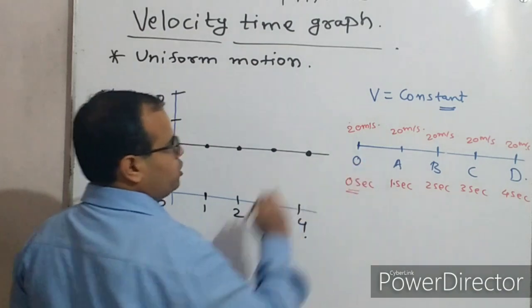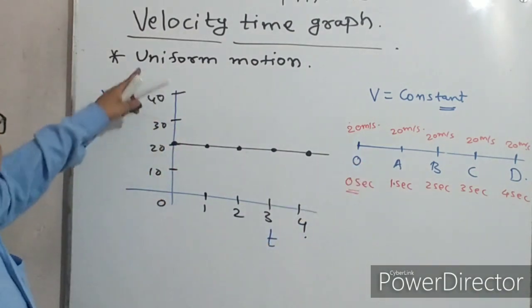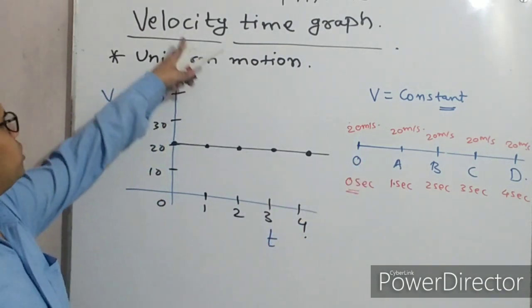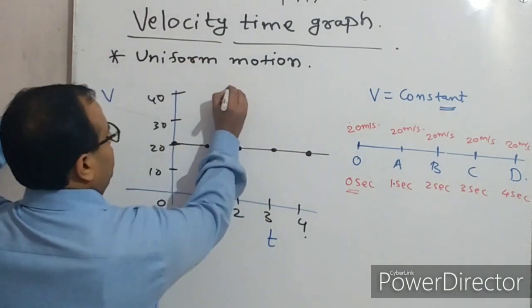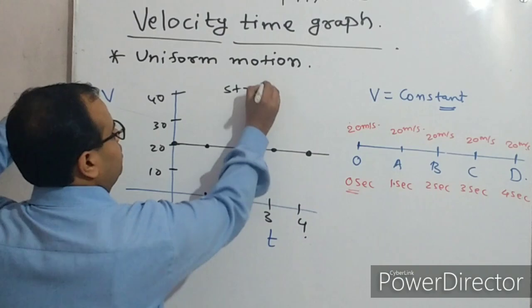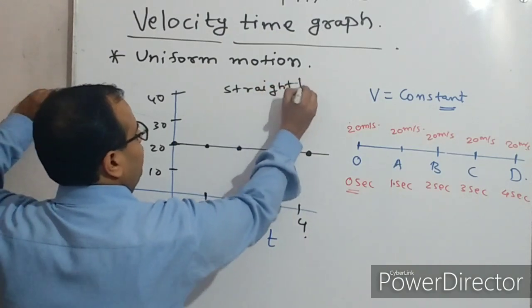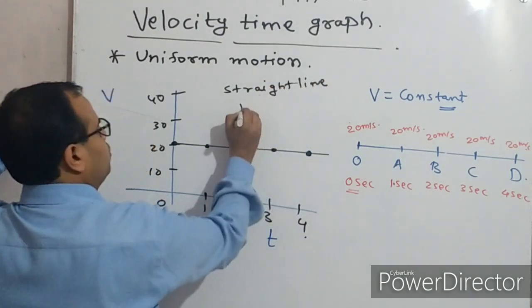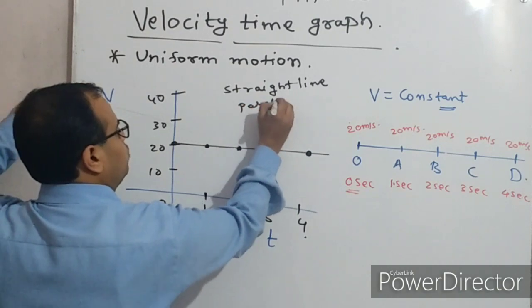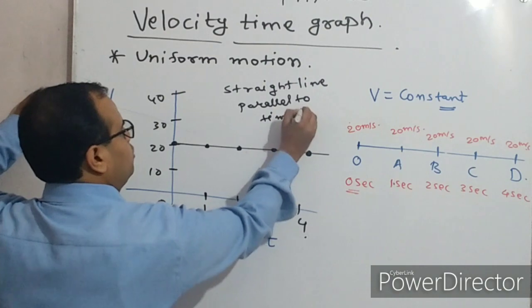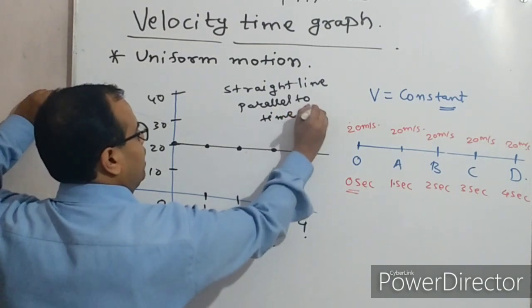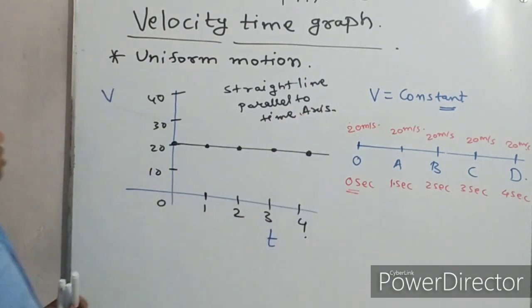If you join all these points, you will get a straight line. So for uniform motion, the velocity-time graph of an object is a straight line parallel to the time axis, as shown here. So this is uniform motion.